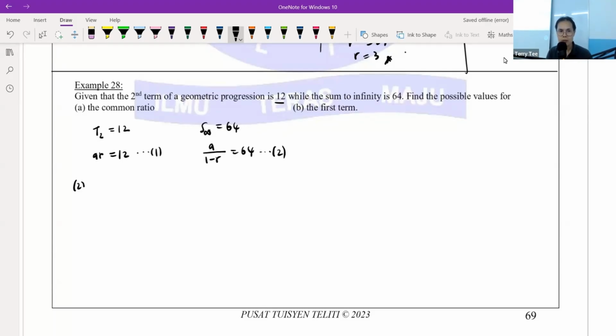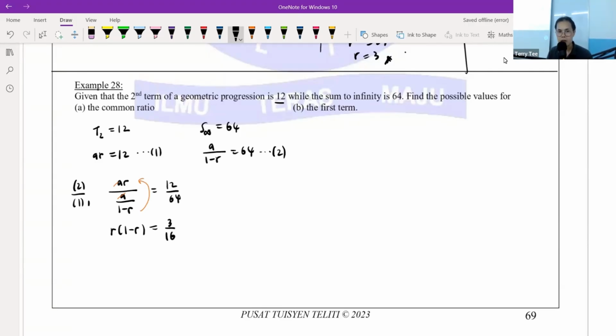I personally like 2 divided by 1 because when I divide them, this is ar divided by a over 1 minus r, 12 divided by 64. When I divide them, this one will be flipped up, and I can cancel the a. I'm left with r(1 minus r), 12 divided by 64. 12 divided by 4 is 3, 64 divided by 4 is 16.